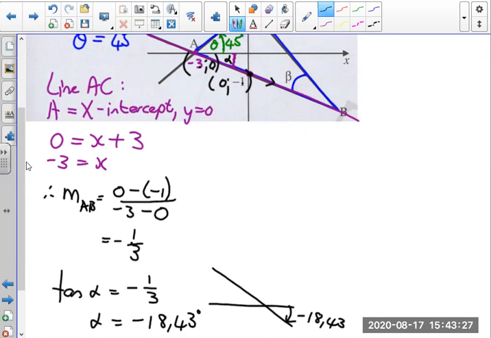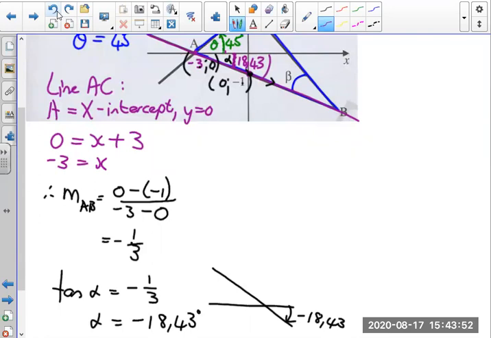But what's the size of that angle? Isn't the size of this angle alpha just 18,43? Because if I now add 180 again, I get that angle there, and that's not really what I want. So do you agree that I can work with this 18,43?